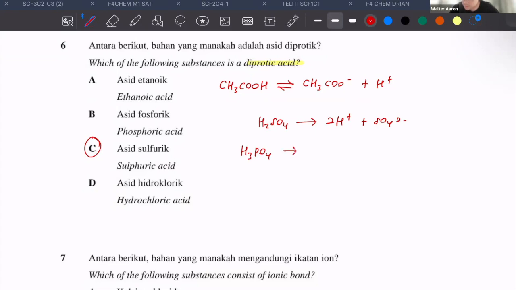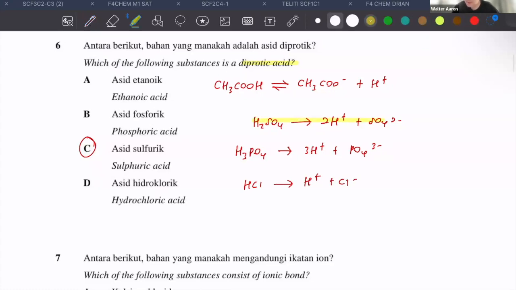In this case you'll get 3H+ and PO4 3-. And hydrochloric acid is only 1 mole per molecule. So there's only one that can actually form double the amount of H+. So the answer is sulfuric acid.